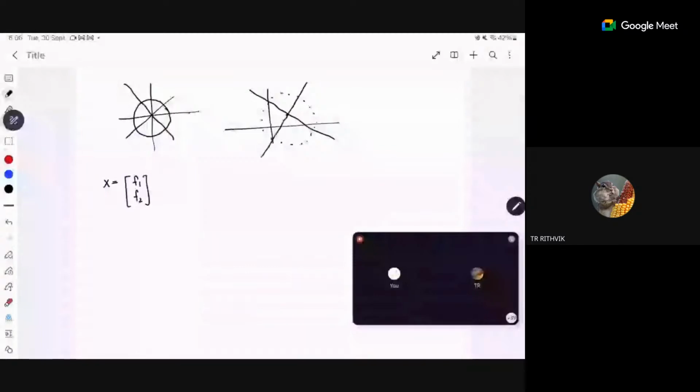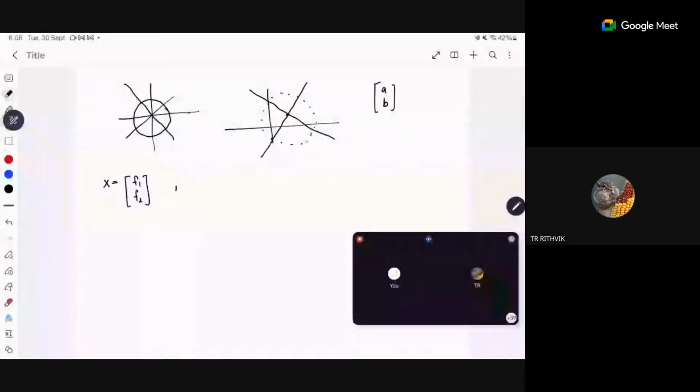Let's say the center is given by A and B. How can we write the relationship between these two features? This is nothing but an equation of a circle, since these points are lying on a circle. So we need to figure out the equation of the circle.